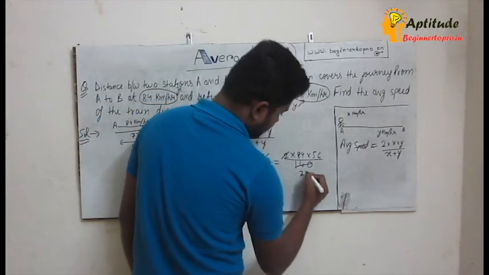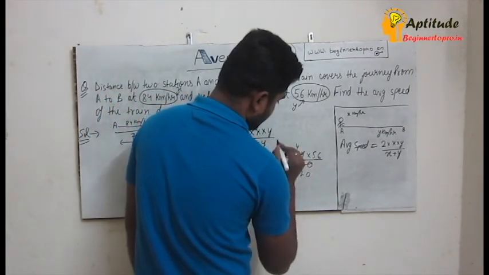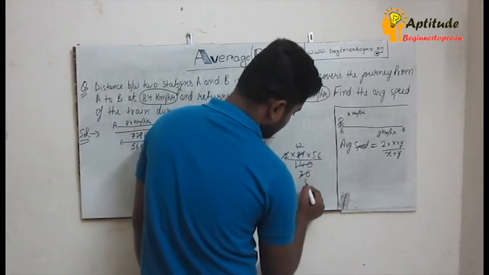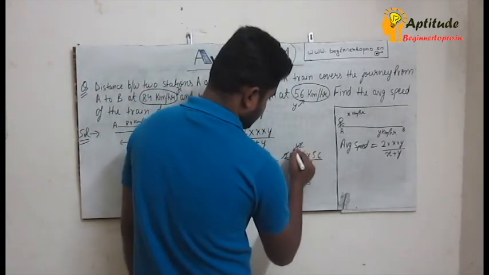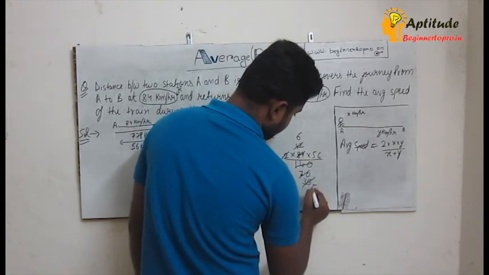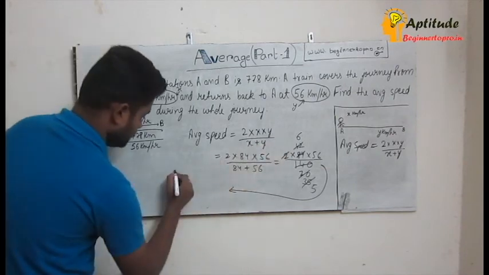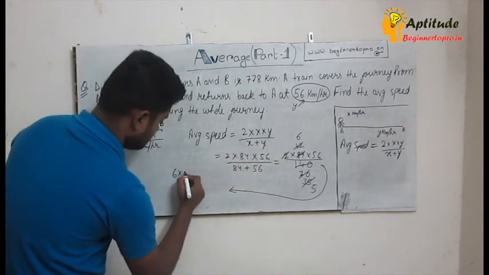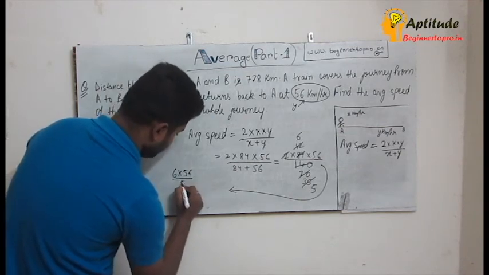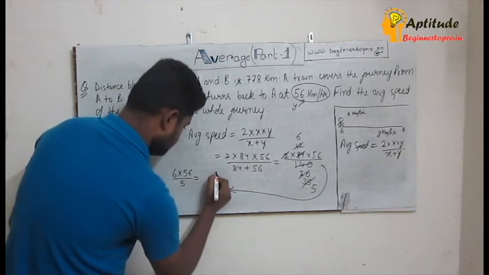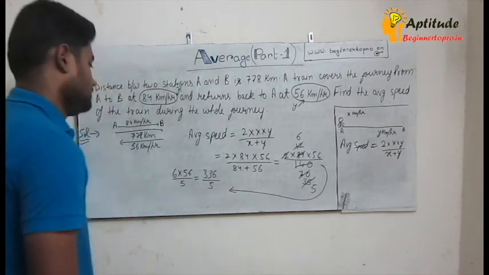Okay. Now simplifying, the required number will be 6 into 56 upon 5, which is nothing but 336 upon 5.